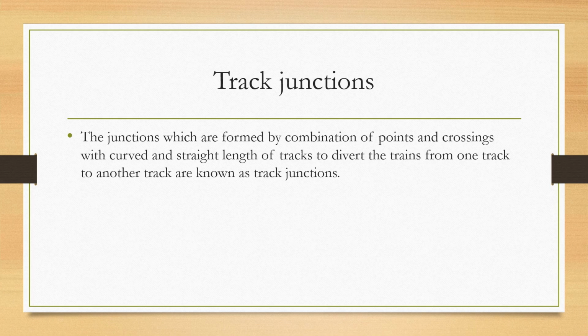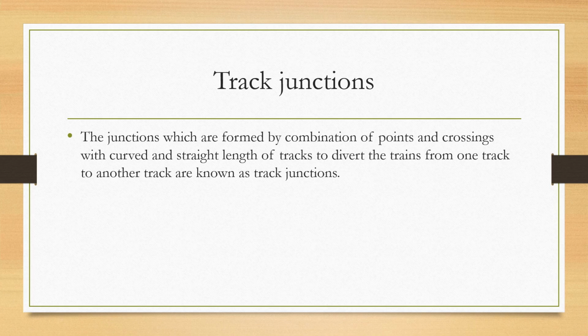Alignment of turnout curve. It should be checked by offsets from the straight track. Flangeway clearance. This should be checked at the toe and heel of the switch, between wing rails and the crossings, and at check rails.